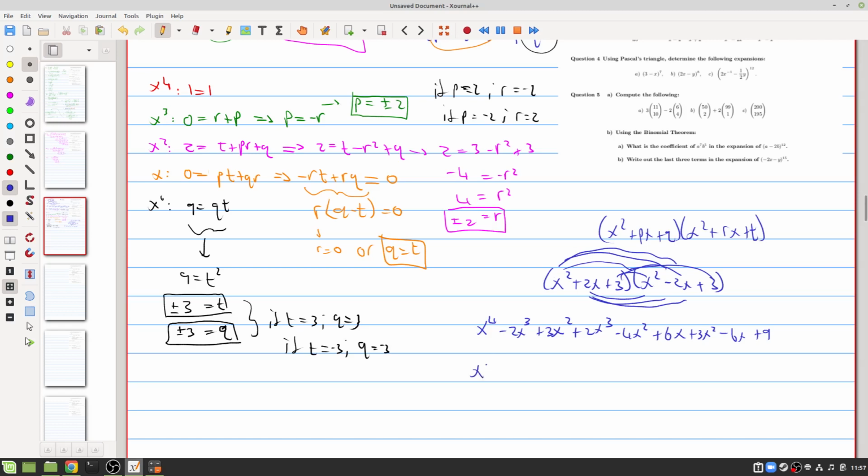Collect like terms, so we've got x to the power 4. Then the x cubed, so we've got negative 2 plus 2, so they cancel out. Then the x squared, so we've got 3x squared minus 4x squared, so it's negative 1x squared, plus 3x squared will be 2x squared. And then the x's, so 6x minus 6x will cancel out, and then plus 9.